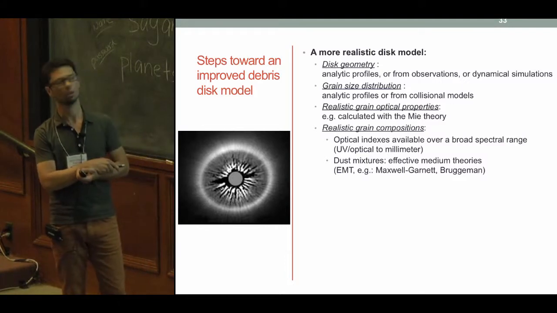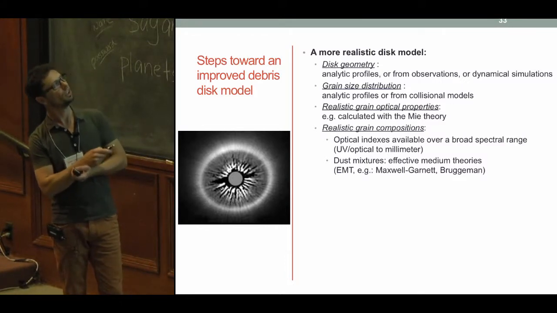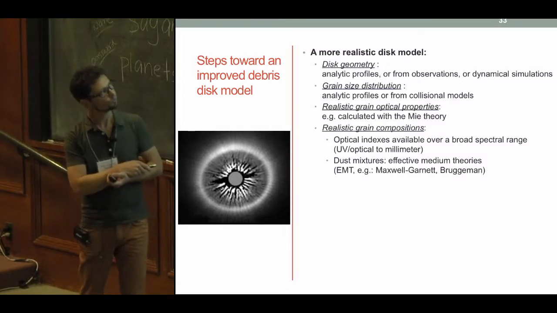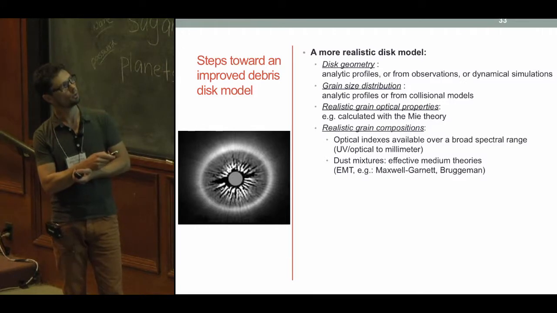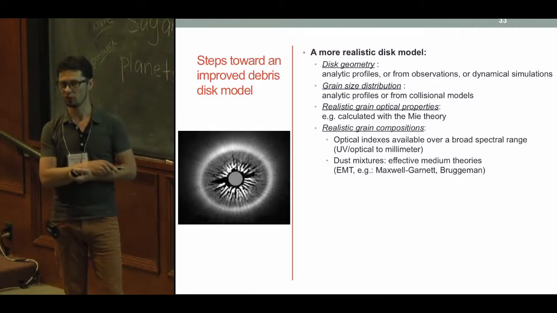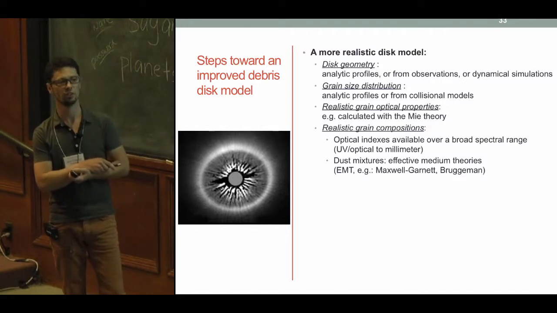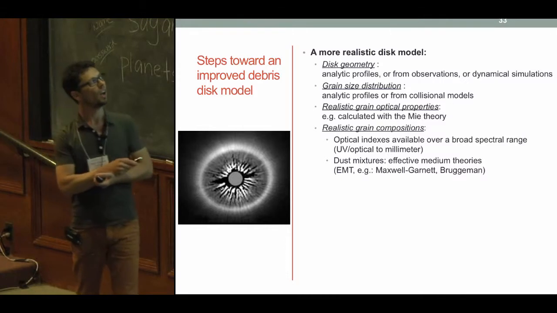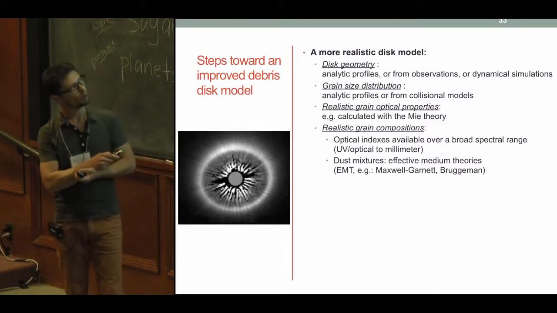This is what we're going to do very soon. You need to make some assumption about your grain size distribution, usually power laws, but it can also come from collisional models. You need realistic grain optical properties. I showed you that Mie theory is one good example to calculate the grain optical properties. And importantly, you need real grain composition.